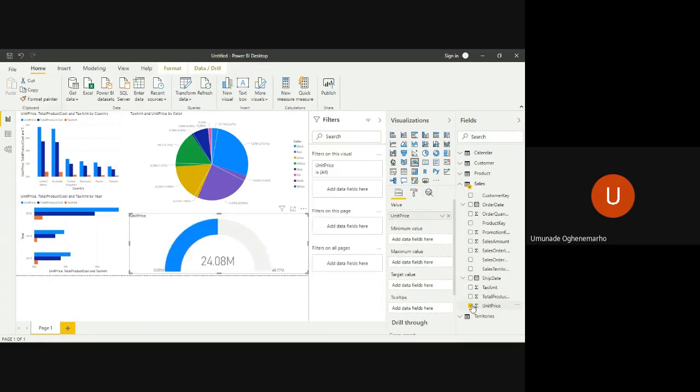And let's say the impossible thing is for our unit price to fall below our tax. So our minimum value, we take it as tax amount. You can see that the minimum value has increased. And our maximum value, let's take it as our sales amount.